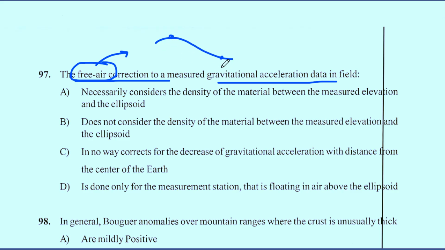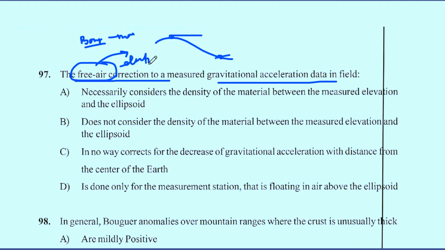Here we are measuring. So we are measuring with respect to elevation. And in Bouguer anomaly we are measuring with respect to mass in this elevation.